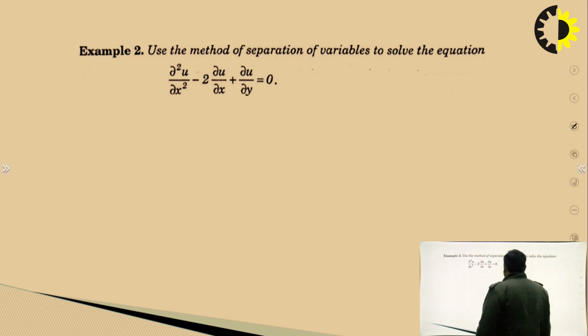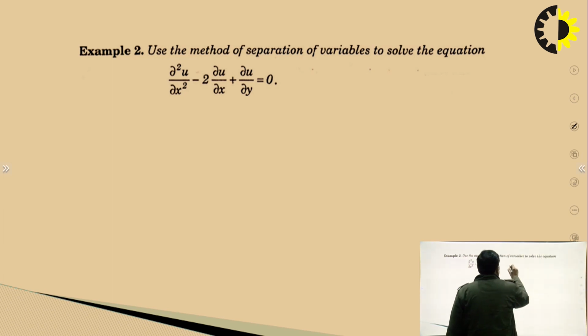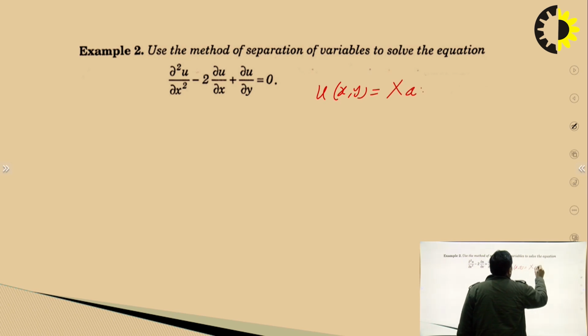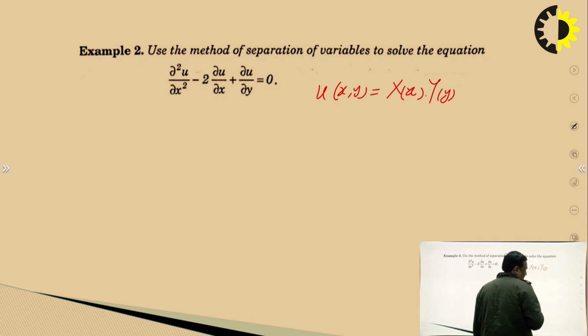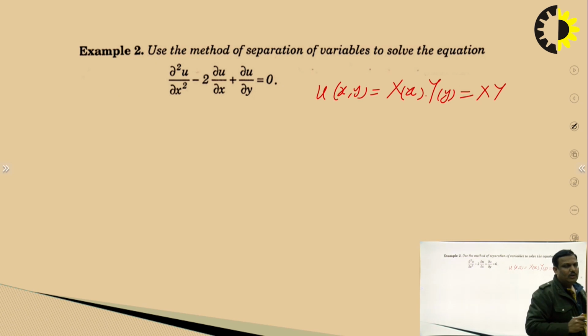Now by method of separation of variable, we assume the solution u of x,y equal to capital X of x into capital Y of y, means u equal to XY. Put the value of u in the given differential equation.